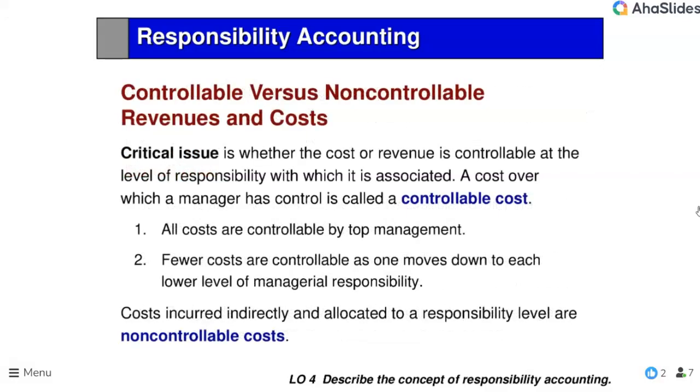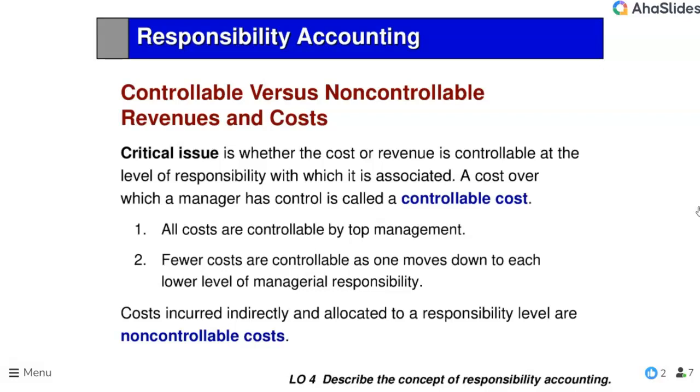But we must make sure here, if you're a manager of a division or department, there are some costs you can't control. You can't control the rent. You can't control the depreciation on the building, but those costs are actually assigned to you because they're in your division or your department, but you don't have any control of them.